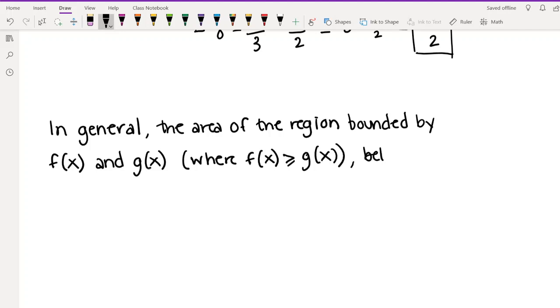And then I'm also going to say between x is equal to a and x is equal to b. So in this case, we saw that our graphs naturally intersected, and that's how we found our bounds, but we'll see an example in a moment where that's not the case.